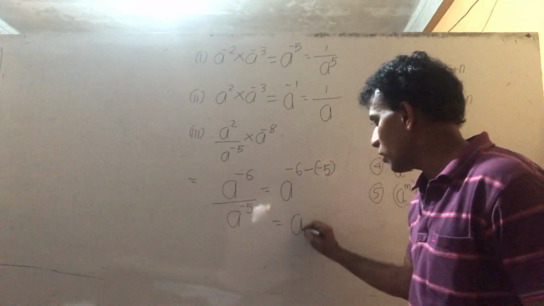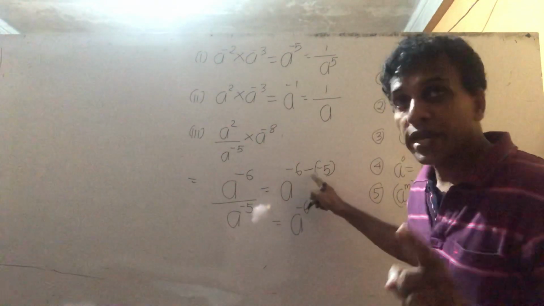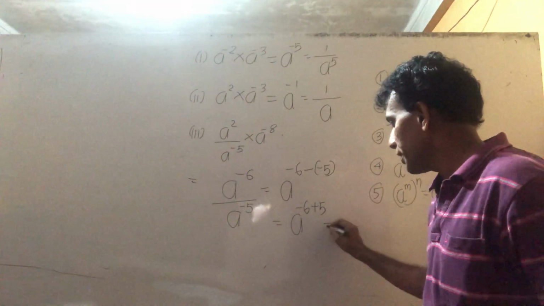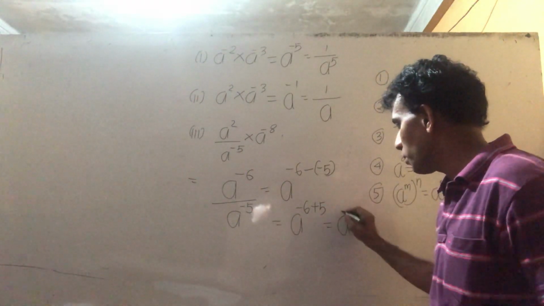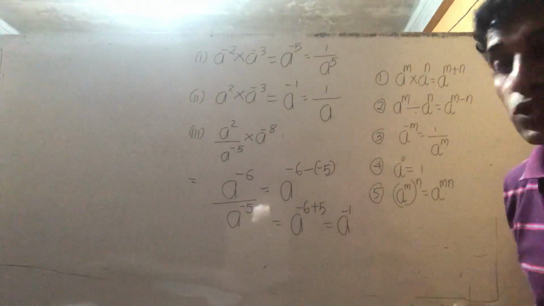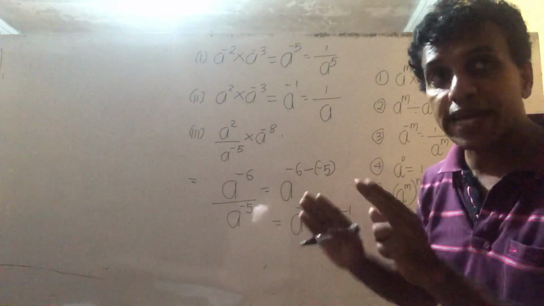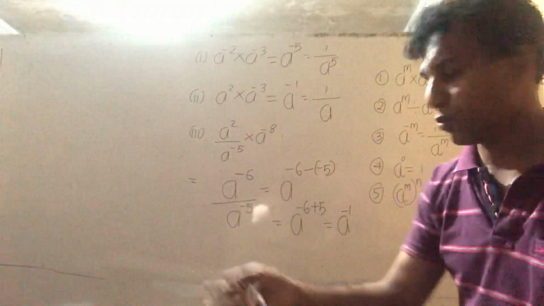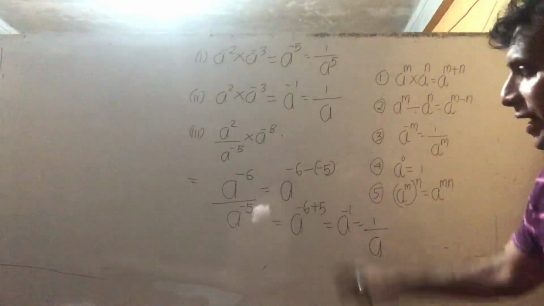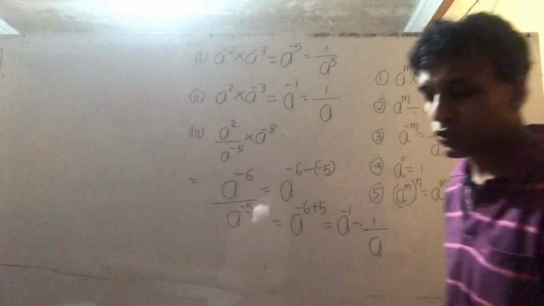A to the power minus 6 minus minus, plus 5, that is a to the power minus 1, minus 6 plus 5, minus 1. Now power is negative, remove to positive. The answer 1 over a. Any method you can apply, answer is 1 over a.